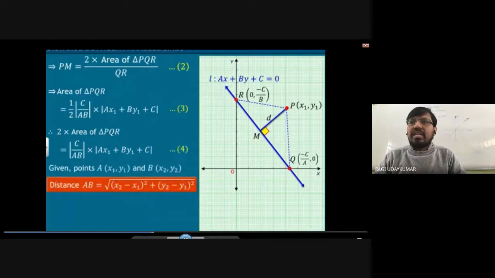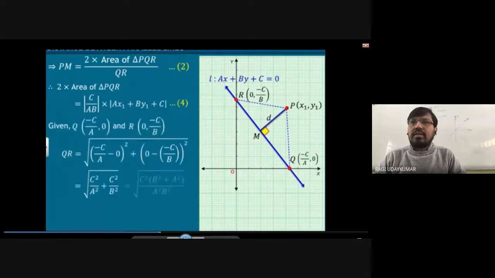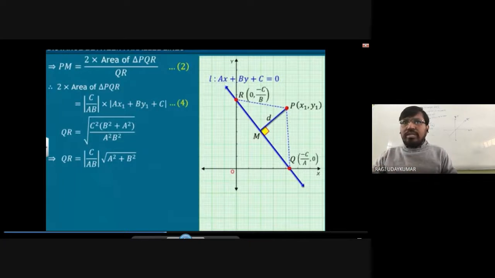We need to find the distance between Q and R, so we use the distance formula between two points: square root of (x2 - x1) whole square plus (y2 - y1) whole square. Simplifying this, you get QR equals modulus of c/(ab) into square root of (a square plus b square). You can note one point here: why do we get the modulus?